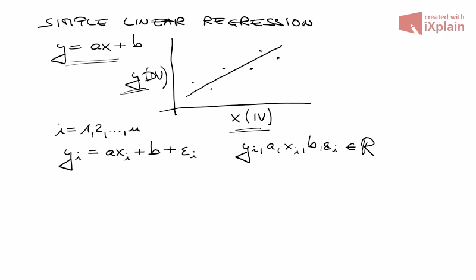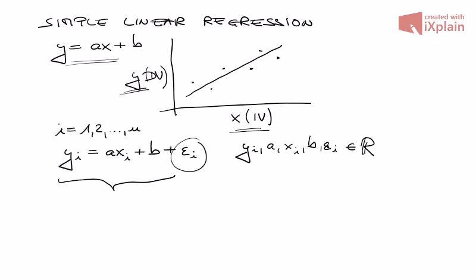And what we are going to focus on, because this is of course related to the GLM, and we haven't talked about probabilistic aspects yet, is this part here, without the epsilon i.